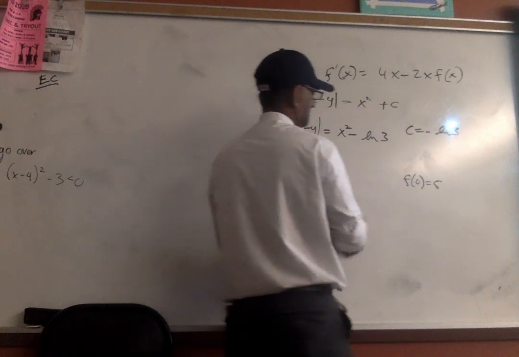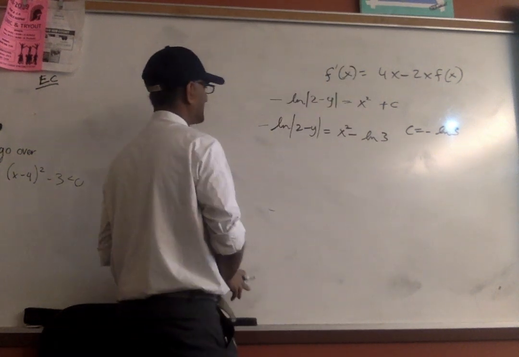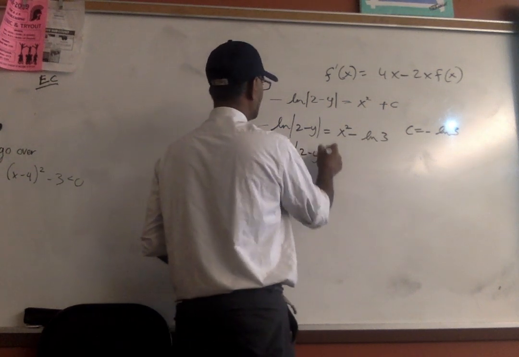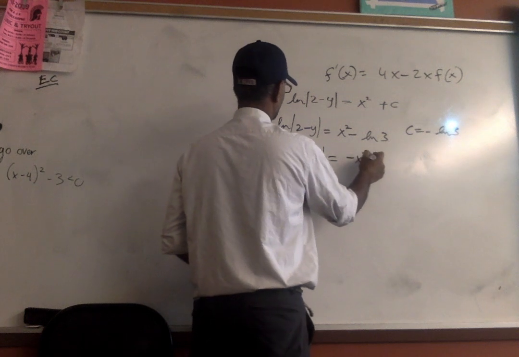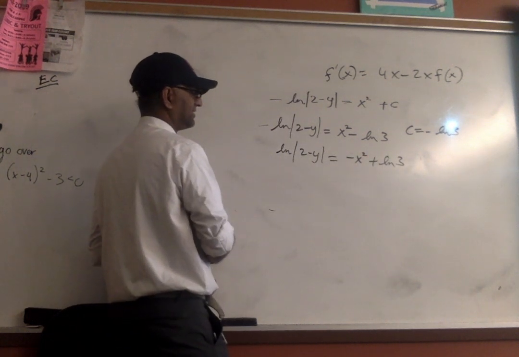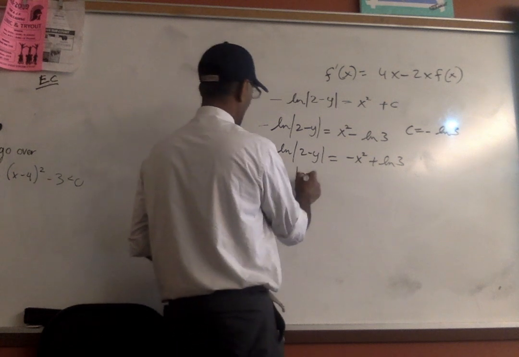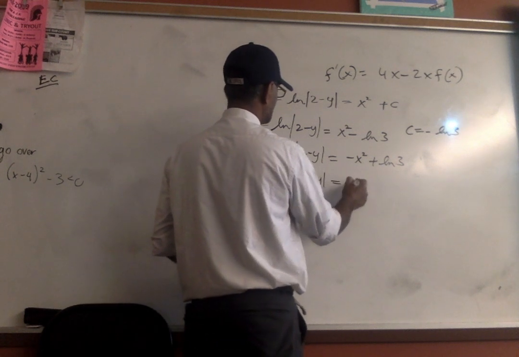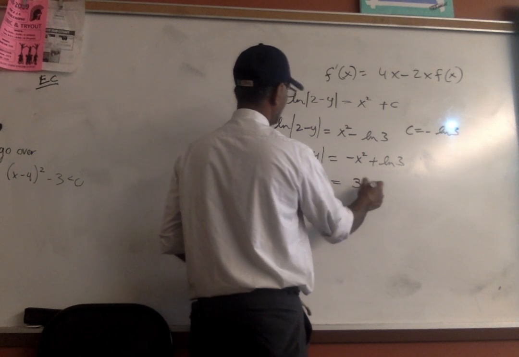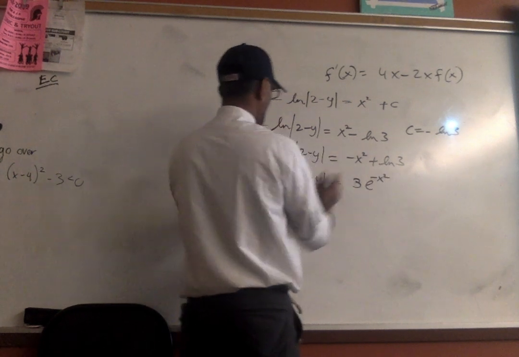Look down. You're just solving for y. Okay, careful. Next step, multiply by negative. Get rid of the negative. ln absolute value 2 minus y equals negative x squared plus ln 3. What form am I in? I should go to exponential form. We still stay absolute value equals, careful, 3 e to the power of negative x squared.